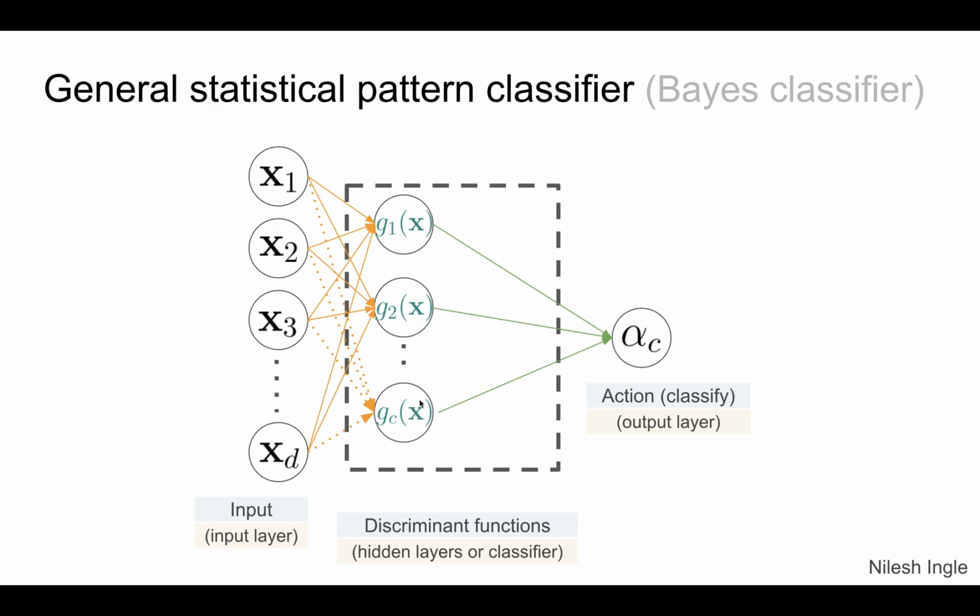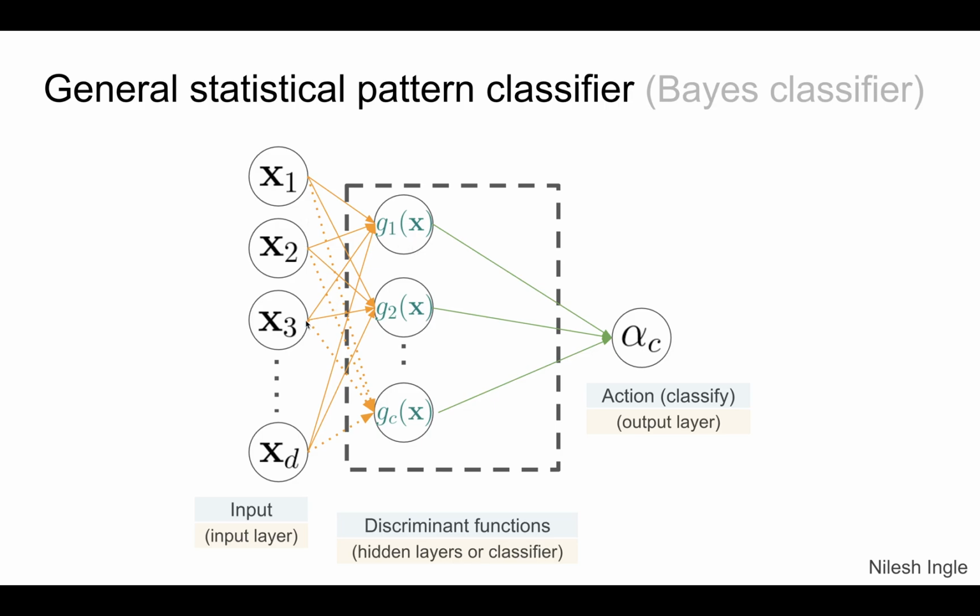Those are the discriminant functions, and we could have other layers in here as well. Those discriminant functions are the background for the linear discriminant analysis in future videos. So let's look at what these discriminant functions are and how they work.